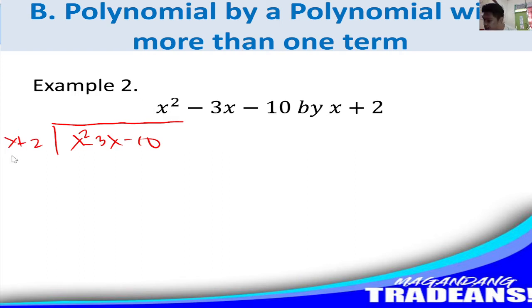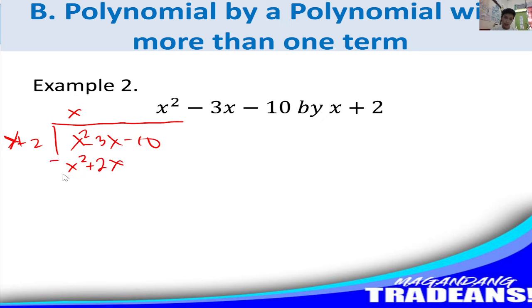When you are going to divide, first you think of a variable na kapag i-multiply mo kay x, ang sagot, x squared. So that would be x. Because x times x is equal to x squared. And x times 2, that is equivalent to 2x.